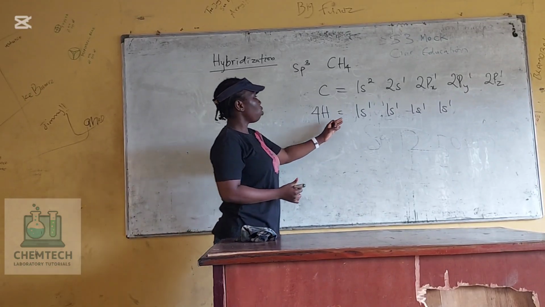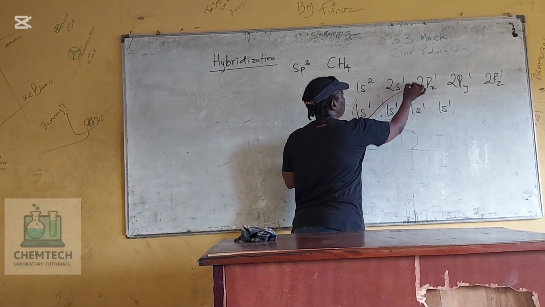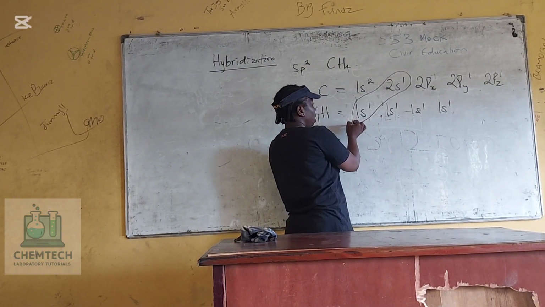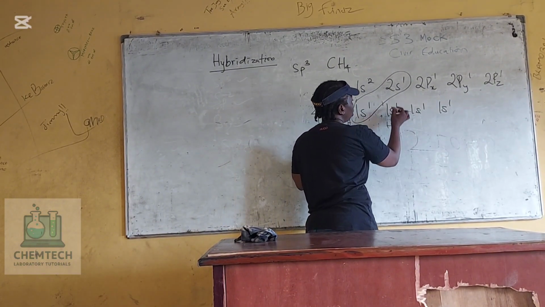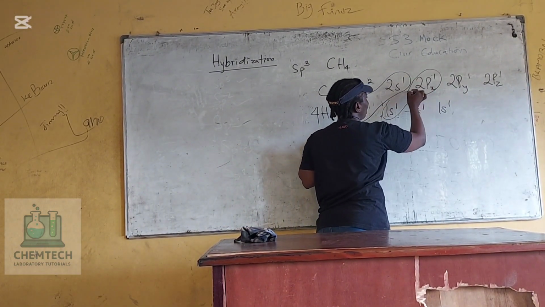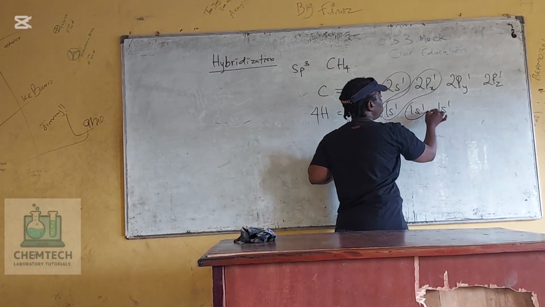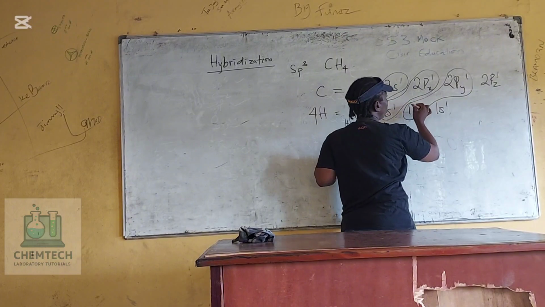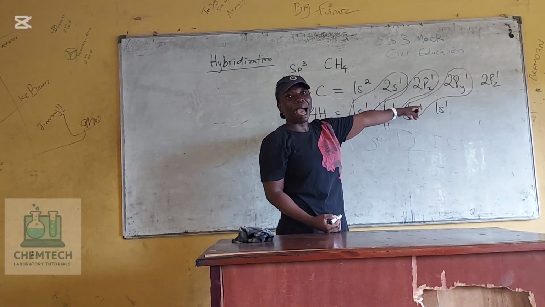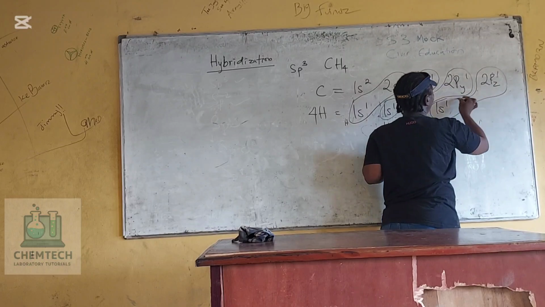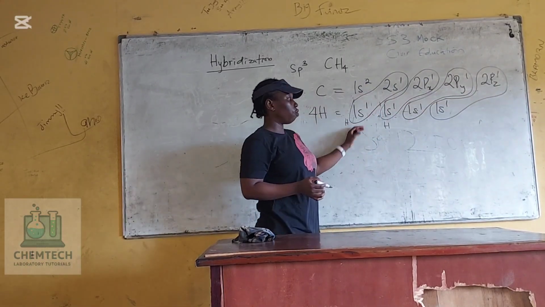So one of the s we bond with this. There is the first hydrogen. The second hydrogen we bond with the 2px of carbon. The third hydrogen we bond with the 2py of carbon. And the last hydrogen we bond with the 2pz of carbon.